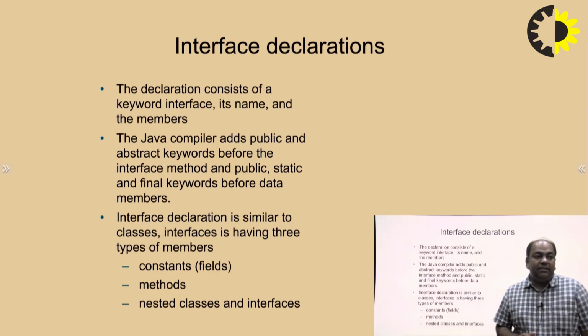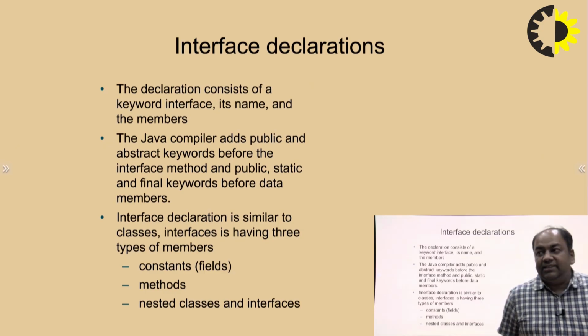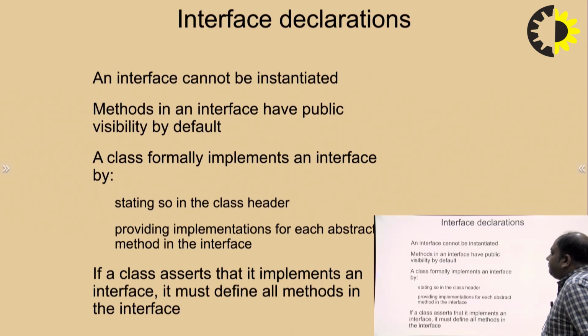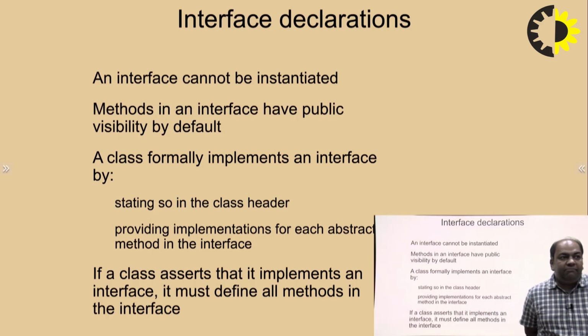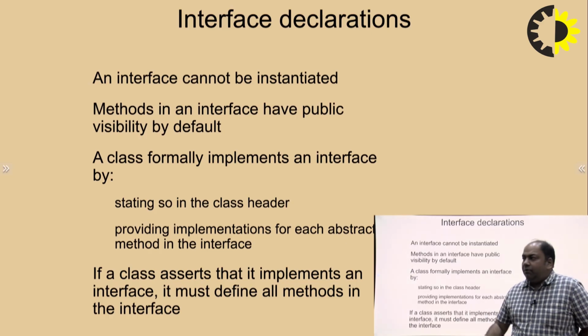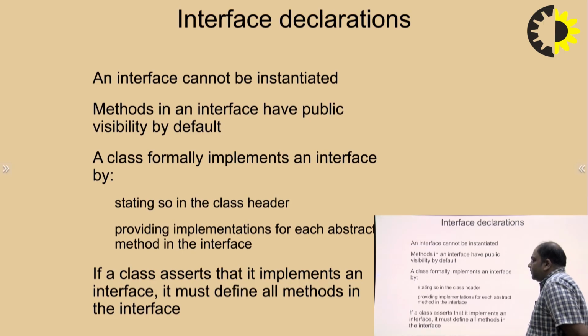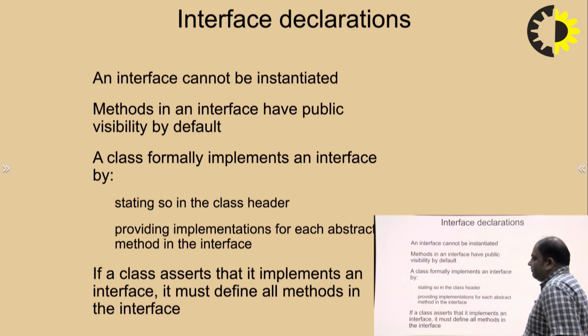Interface declaration is similar to classes and has three types of members: constants, methods, and nested classes and interfaces. An interface cannot be instantiated. Methods in the interface have public visibility by default, but if you want to change that, you have to write private or protected. But public you do not need to write because it is implemented by default.